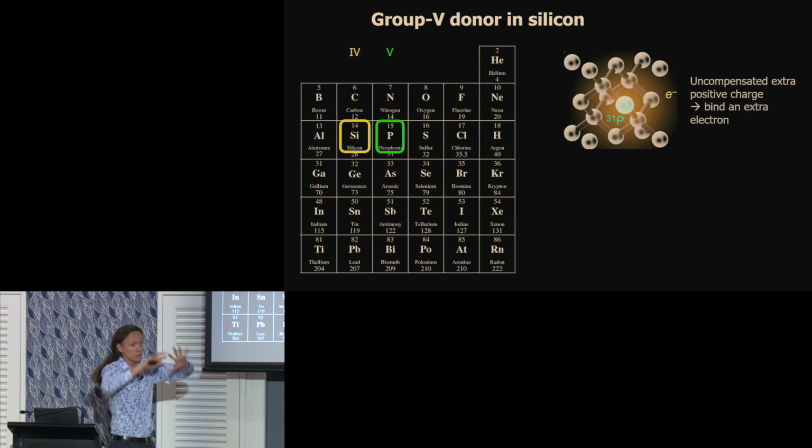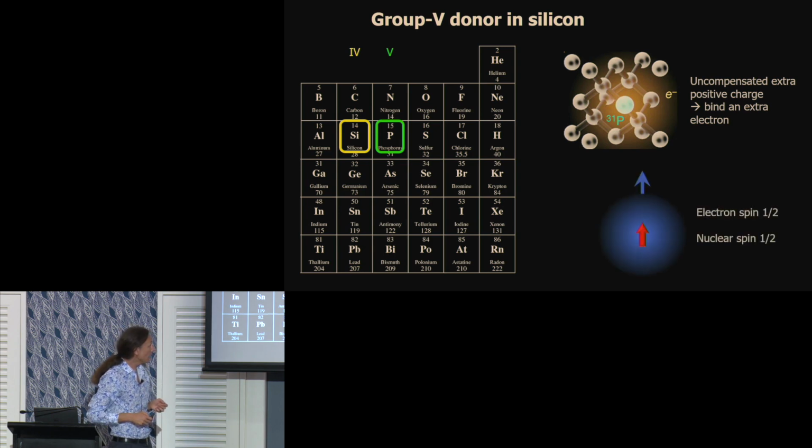And so that extra positive charge will bind an electron, just like a proton binds an electron in the hydrogen atom. In fact, phosphorus also has a nuclear spin 1/2, so it really is, in many ways, the analog of a hydrogen atom. Except it's not a hydrogen atom in vacuum, it's in a semiconductor, in particular in silicon.